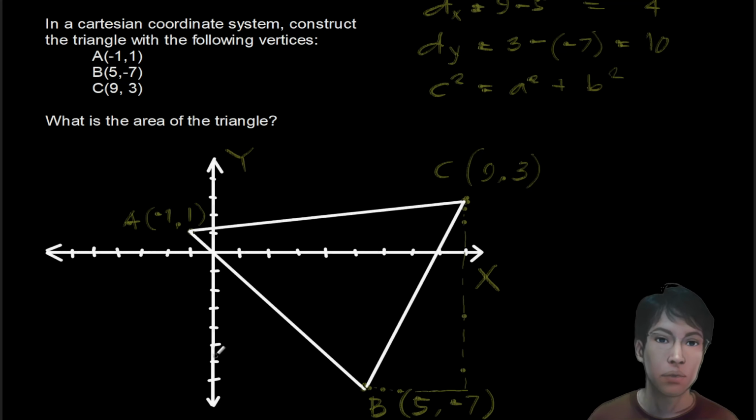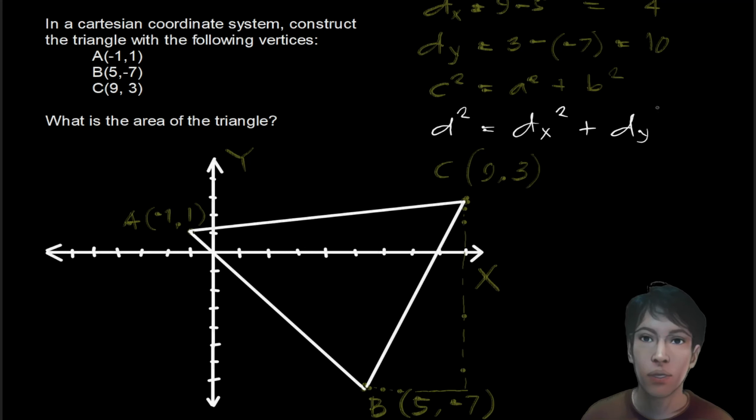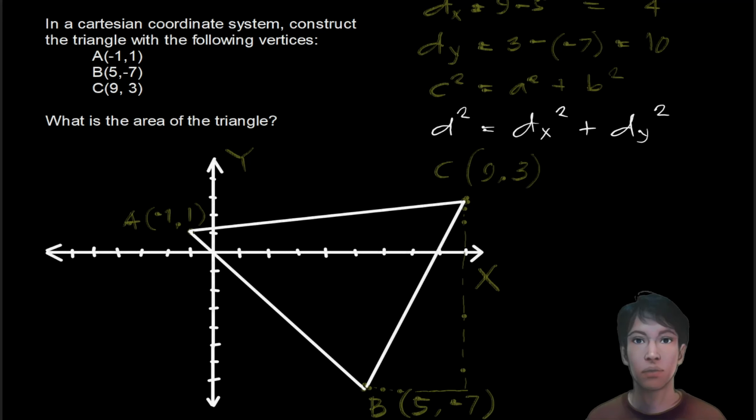But c squared is simply this distance, so I will replace it with d. So d squared equals d sub x squared plus d sub y squared. Right?